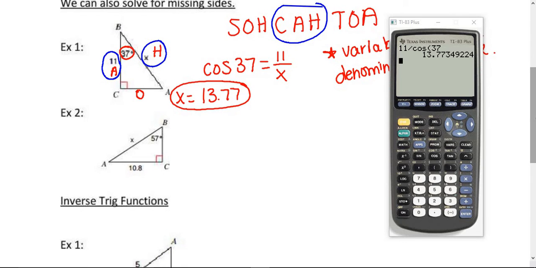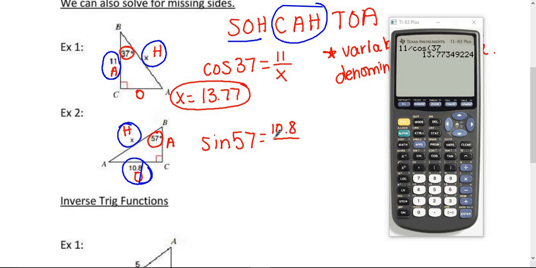Now, example 2, if we look at this one, 57 is going to be the angle that we use. We'll label all of our sides. So we have opposite, adjacent, and across from our 90 is always our hypotenuse. So this time, I'm using the opposite and the hypotenuse, which tells me to use sine. So sine of 57 equals 10.8 over x.